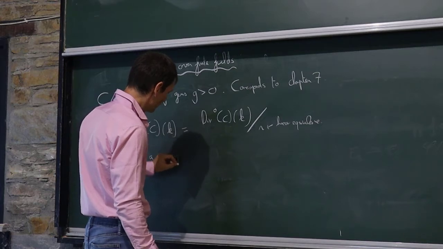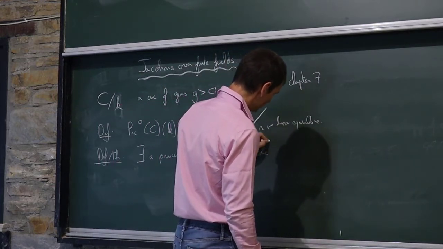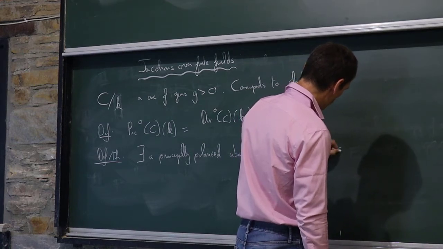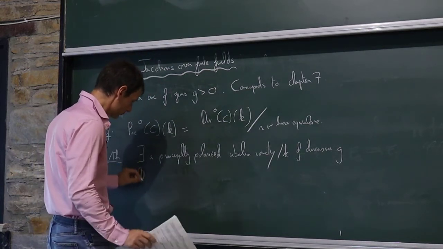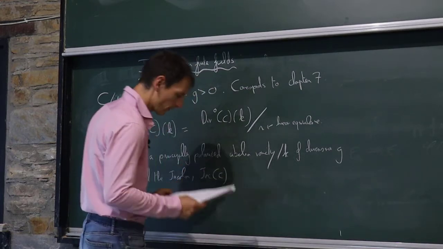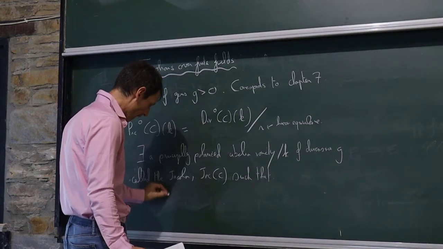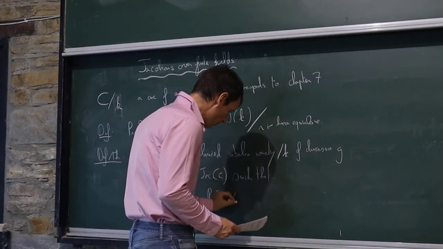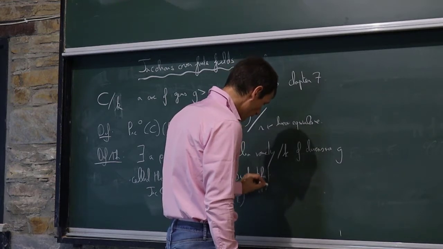So there exists a principally polarized abelian variety over K of dimension g, and that's why I wanted to exclude g equals 0, because then it would be just a point, called the Jacobian of C and denoted Jac C, such that the k-rational points on Jac C are the k̄ elements of Pic^0(C) which are invariant by the action of Gal(k̄/k).